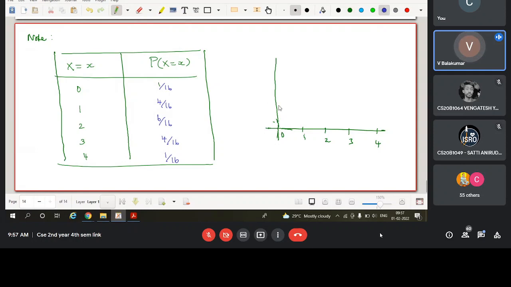So we mark 1 by 16 here. For 4 also it is 1 by 16. For 1 it is 4 by 16. For 3 also it is 4 by 16. For 2 it is 6 by 16. You can draw this picture. This is also one way of representing a probability distribution.